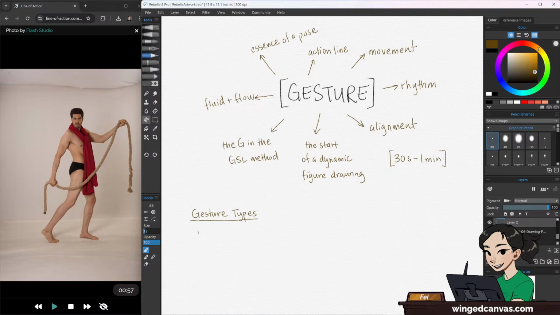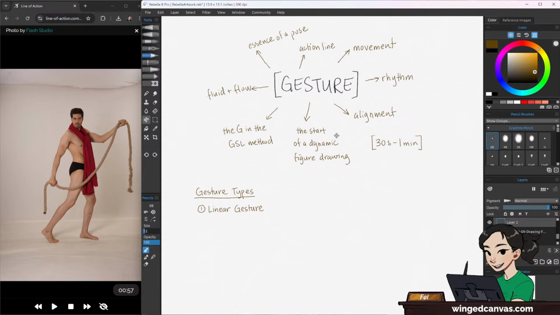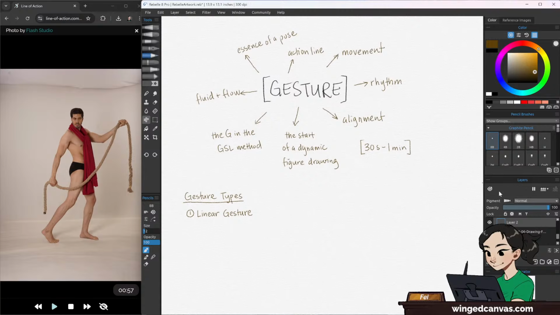There are 3 types of gestures that are commonly drawn, and one is a linear gesture. A linear gesture is probably one of the most common ways people think about figure drawing.